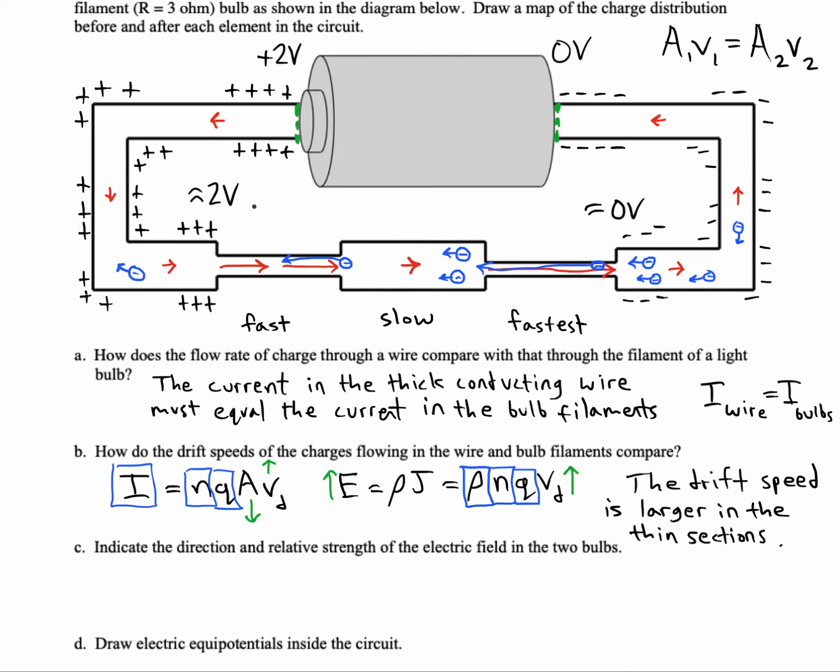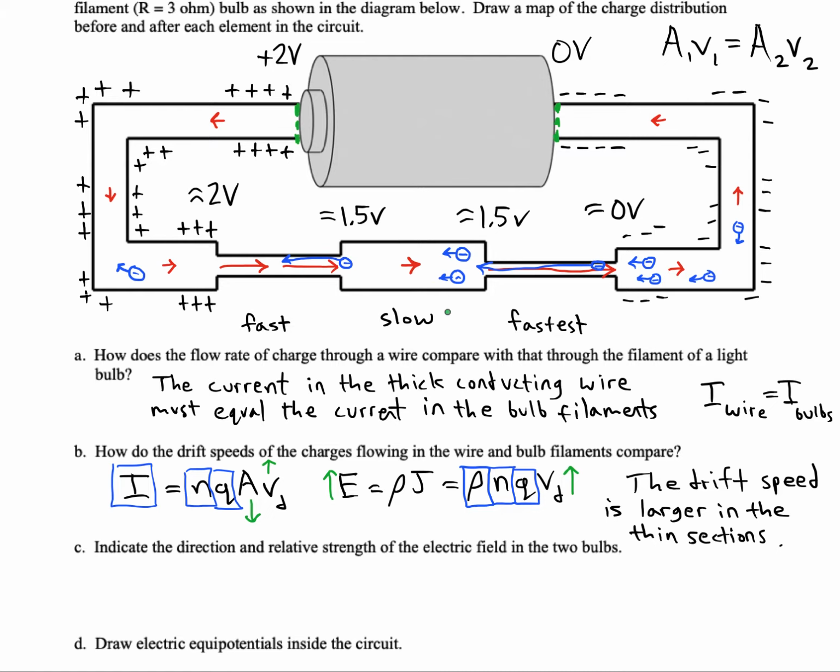So now I have to give some numbers for the midsection here. According to the mathematics, it ends up being about 1.5 volts at this point, and approximately 1.5 volts at this point as well. Not a whole lot of potential is lost in that thick conductor.